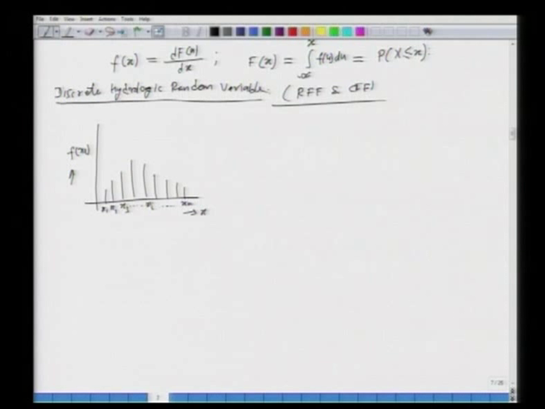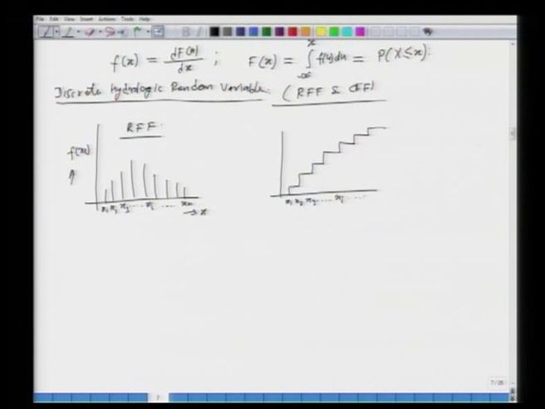Now, what is this? This is your relative frequency function. And if you take the mass curve of this for a discrete variable, it would look something like this, where you have x1, x2, x3, xi all the way to xn.